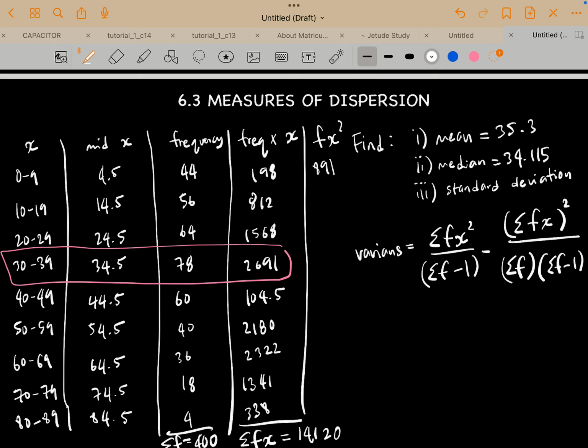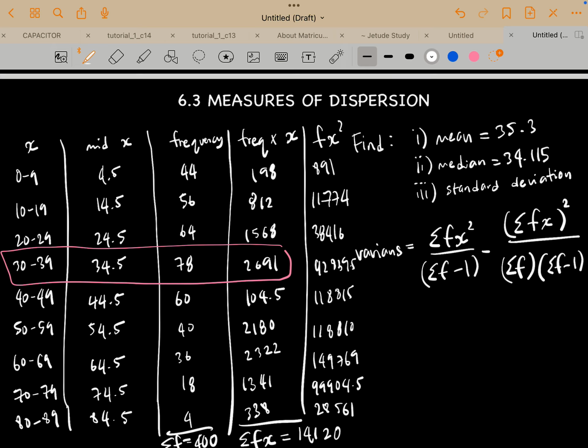I'm just going to write this down. And actually you can do this with Excel mode in your calculator, so if you want me to teach you how to do that, I can do that also, don't worry. 149,769, 99904.5 and then 28561.